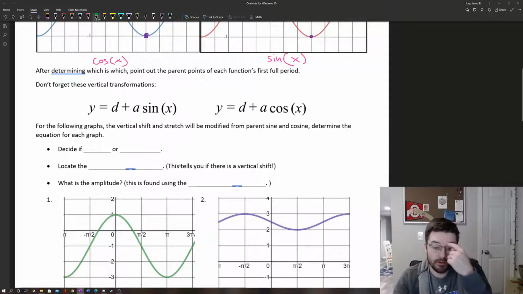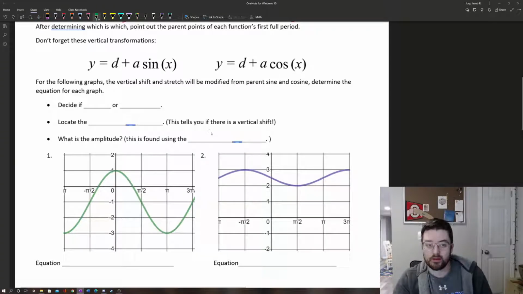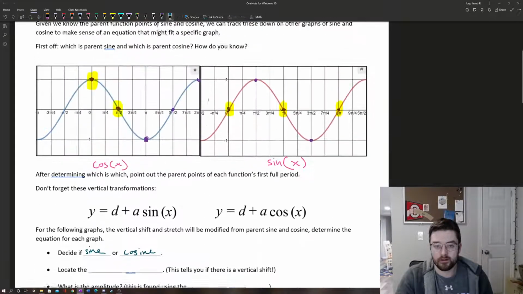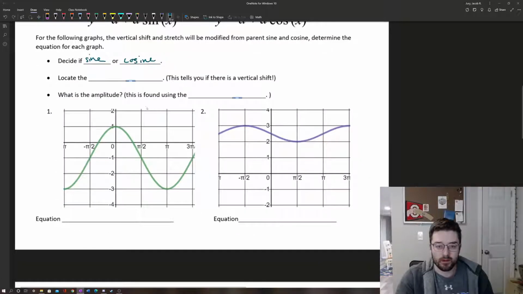So for these following graphs, 1 through 8 here, the vertical shift and stretch will be modified from the parent sine and cosine functions. Determine the equation of each graph. We're going to decide first if it's sine or cosine by a similar method that we talked about in this first little intro.